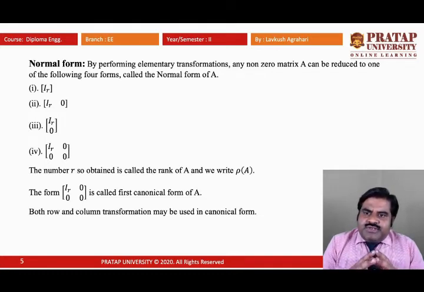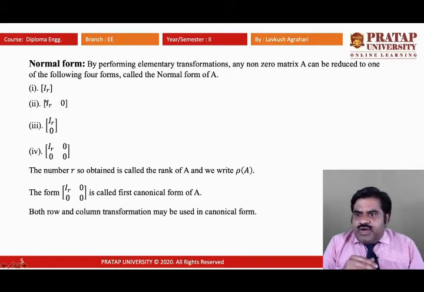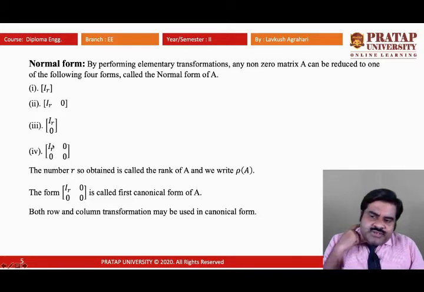Another way of calculating rank is the normal form. In normal form, if we perform elementary transformations, any non-zero matrix A can be reduced to one of the following 4 forms, which are called the normal forms of A: I_r, that is, an identity matrix; I_r with zero rows; I_r with zero columns; and I_r with zeros in the other elements.